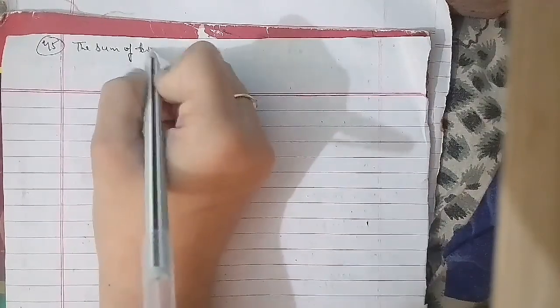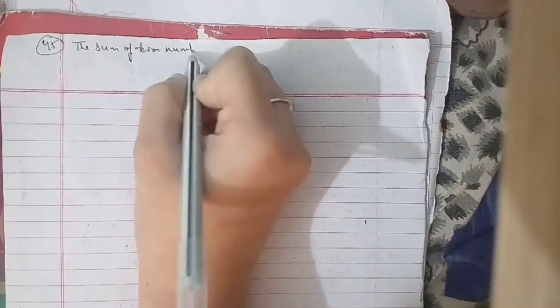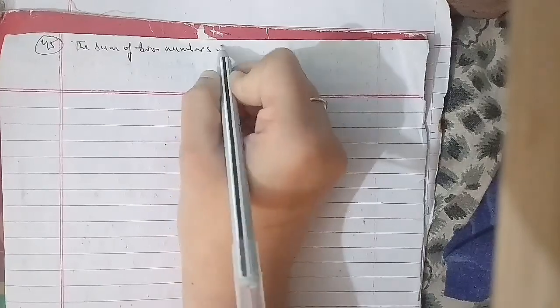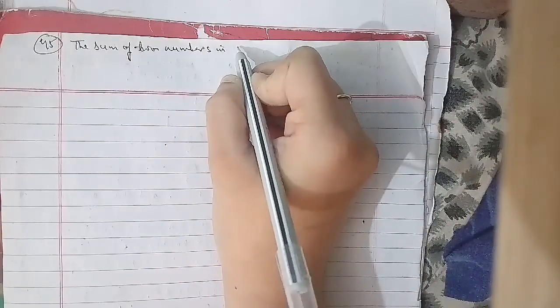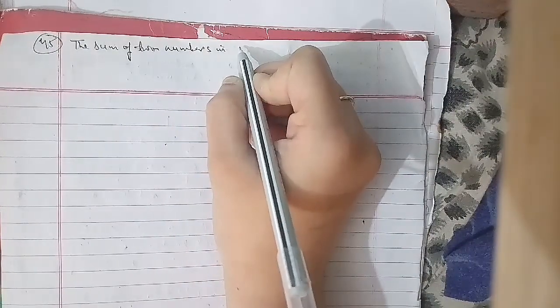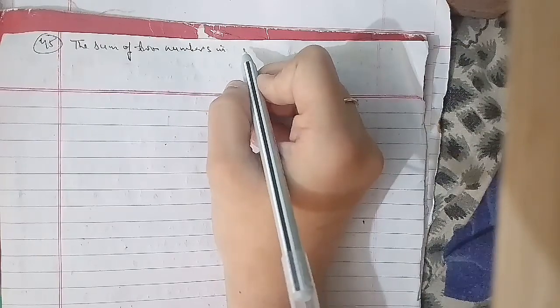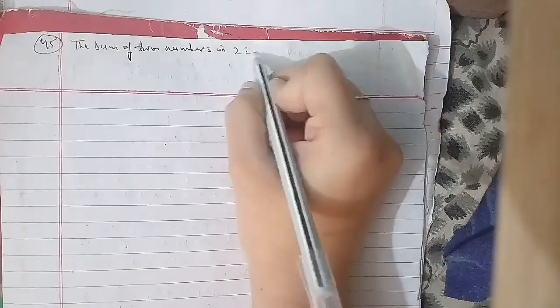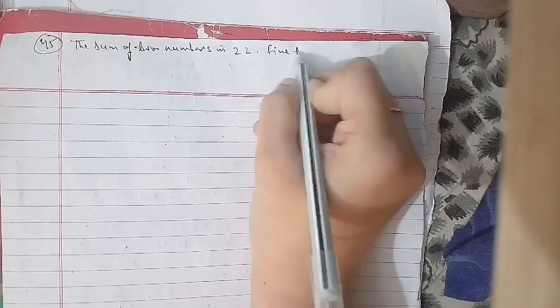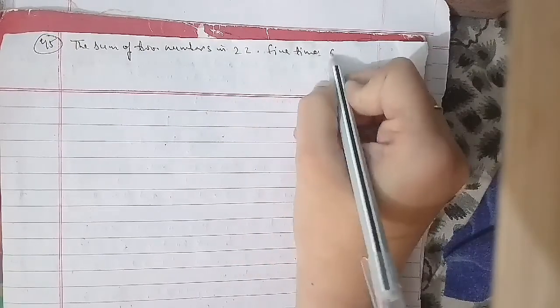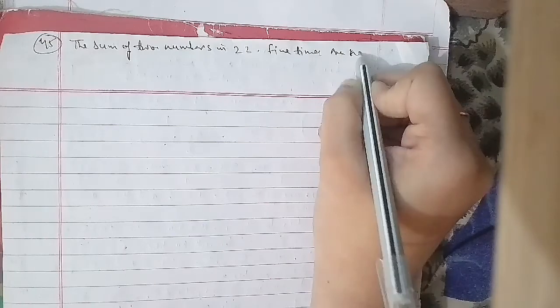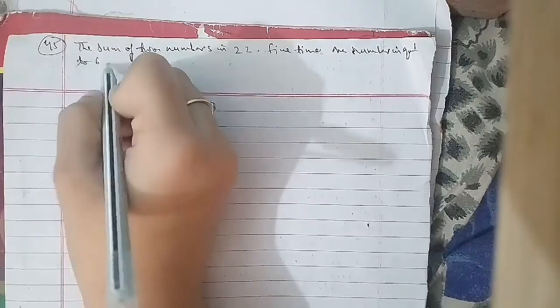The question is: 1/5 of a number equals 5/8 of another number. If 35 is added to the first number, it becomes 4 times the second number. We have to find the second number. Let's go ahead with the question.